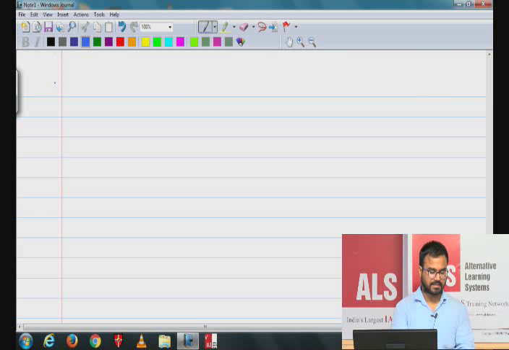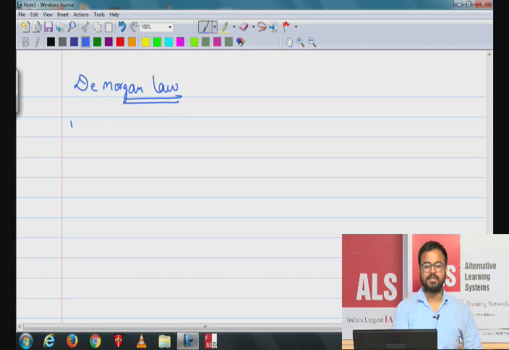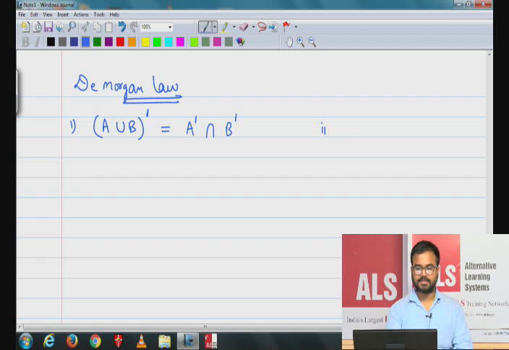This is called De Morgan law. It means that the complement of (A union B) is A complement intersection B complement, and the second one says the complement of (A intersection B) is equal to A complement union B complement.